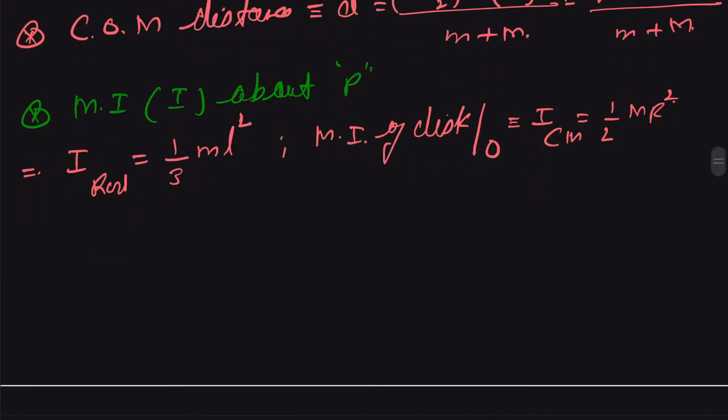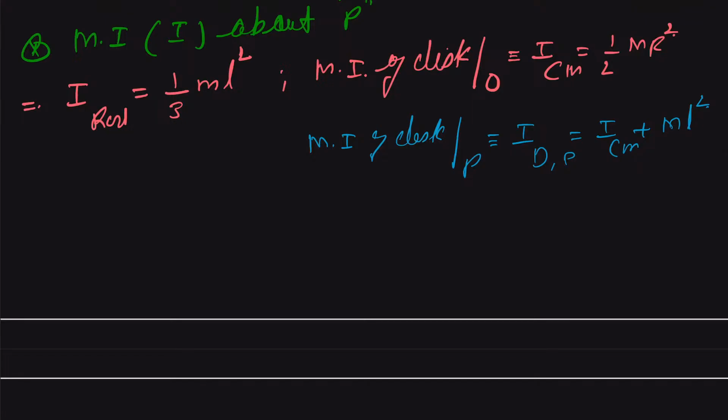And for the same disc we are going to find out the moment of inertia about pivot point P. So we write this for our disc about point P, which will be equal to the moment of inertia about the center of mass plus mass times the distance, which is our L. This is usually written in the formula as d square, so that will be coming as our L square.